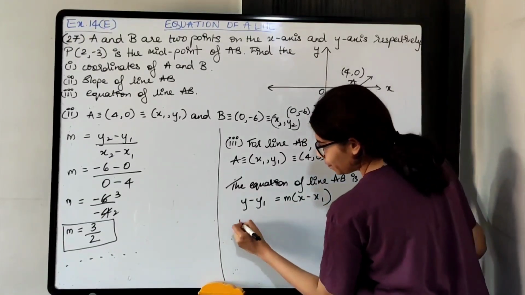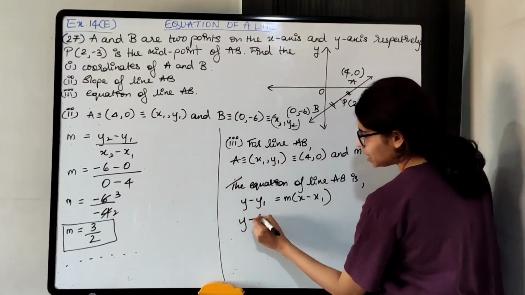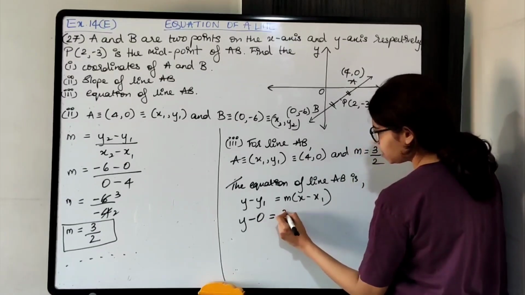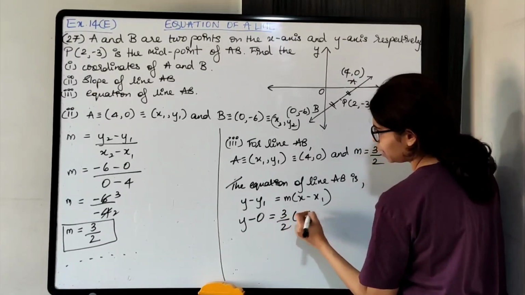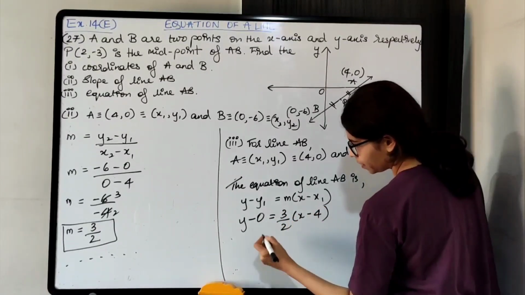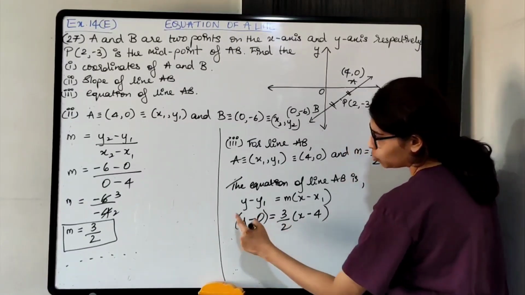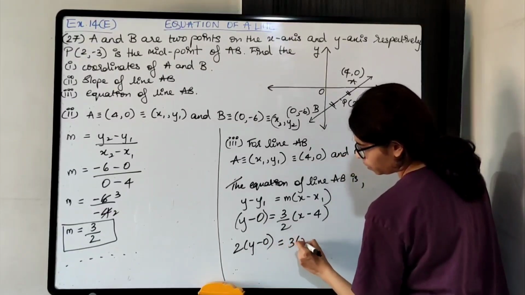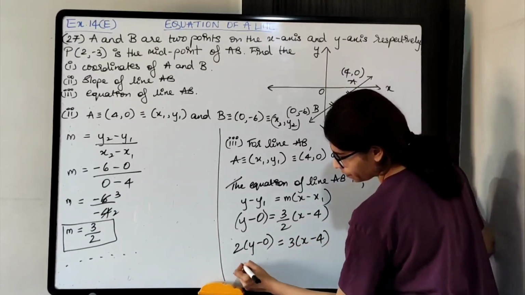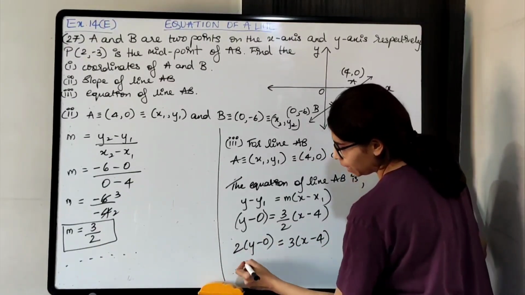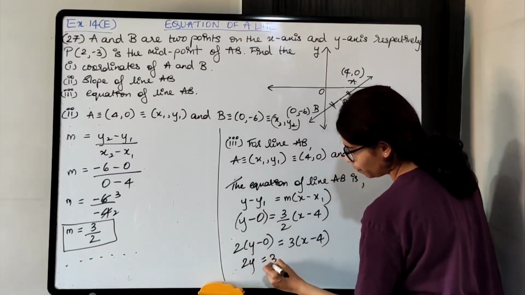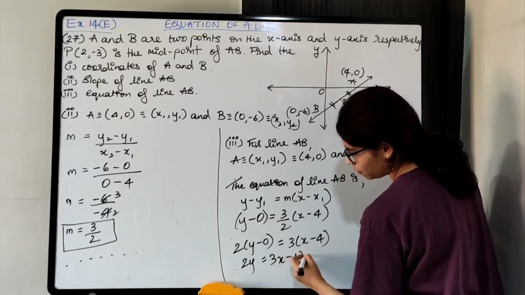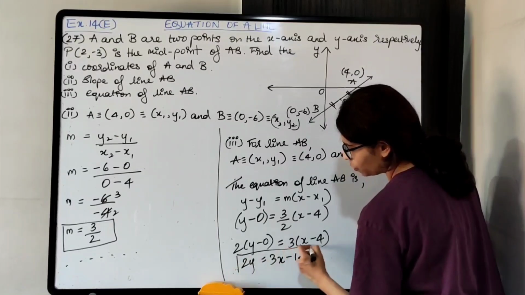So y minus y1 is 0, m is 3 by 2, x minus x1 is 4. Put brackets over here, 2 को shift करते हैं. So open the brackets now. y minus 0 is nothing but y. So 2y is equal to 3x minus 12. So this is the equation of the line.